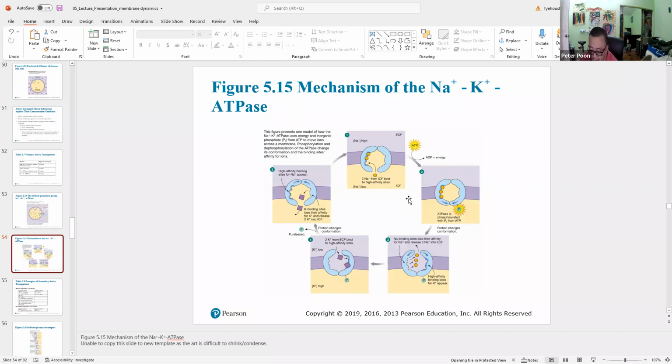In other words, the inside of the cell will be more and more negatively charged. We always view this from inside the cell. So the inside of the cell is negatively charged, and the outside of the cell is, quote unquote, zero. And all of this is because of the sodium potassium pump.